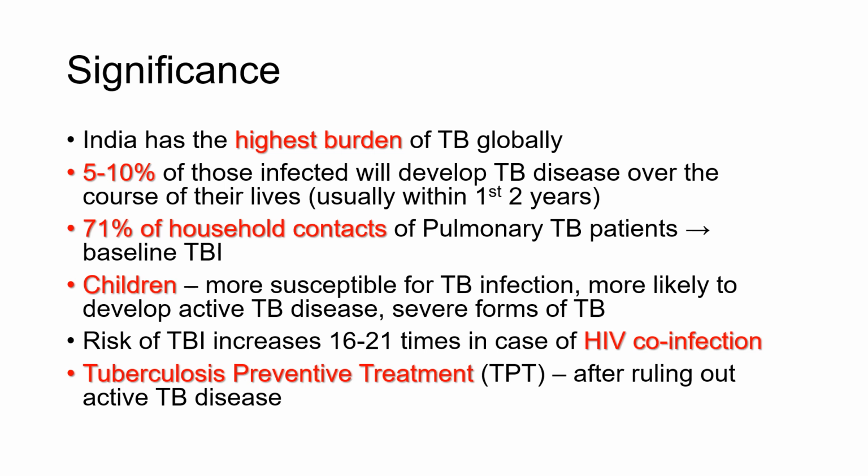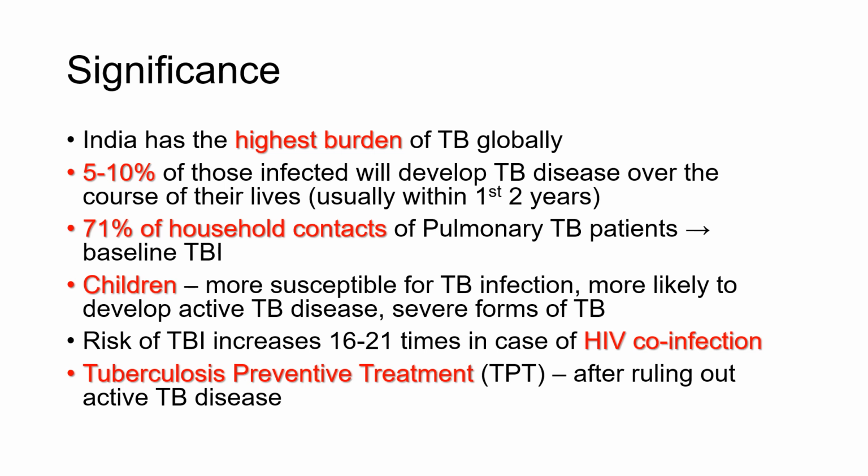5 to 10% of those infected will develop TB disease over the course of their lives. That means if 100 persons get exposed to tubercular bacilli and get infected, 5 to 10% of them develop tubercular disease in their lives. That is a lot, and 71% of household contacts of pulmonary tuberculosis patients have a baseline tubercular infection.